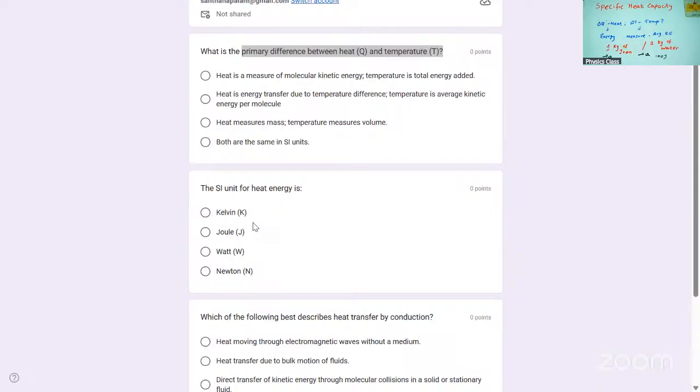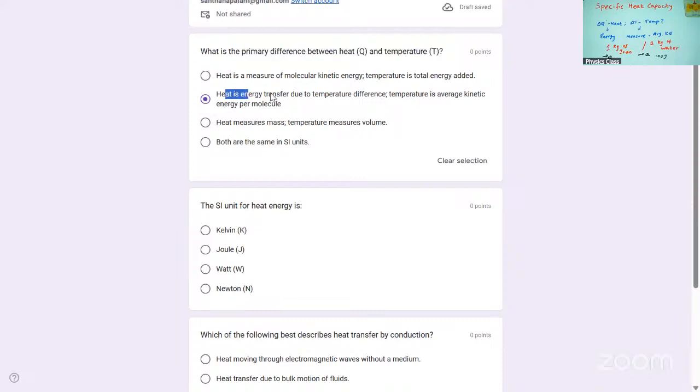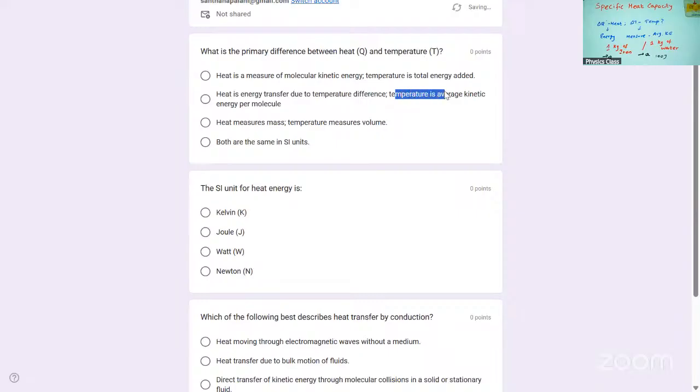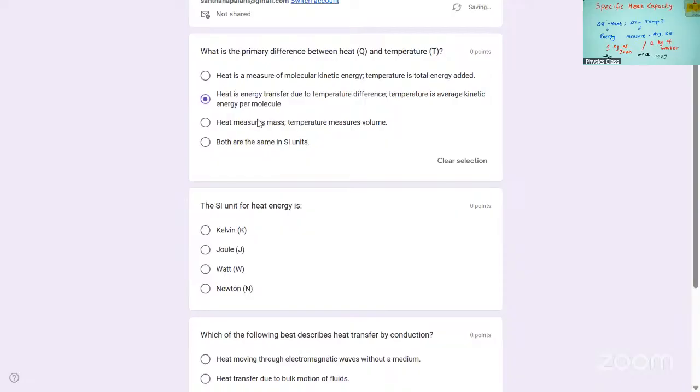Already I told you that. Option 2: heat is the energy transfer due to temperature difference, but the temperature is the average kinetic energy per molecule. This is the answer for the first question.